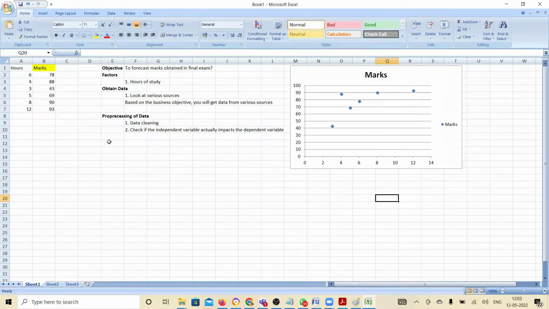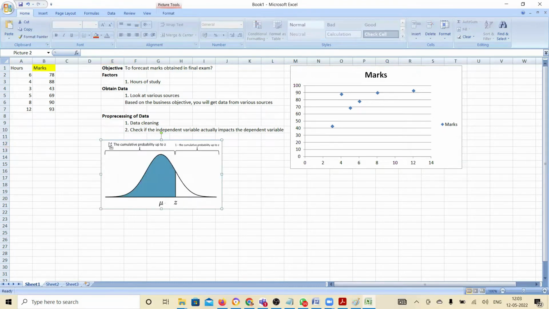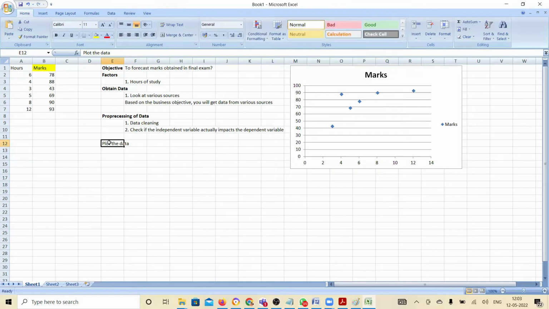So the next step is to plot. For regression, we plot which graph?